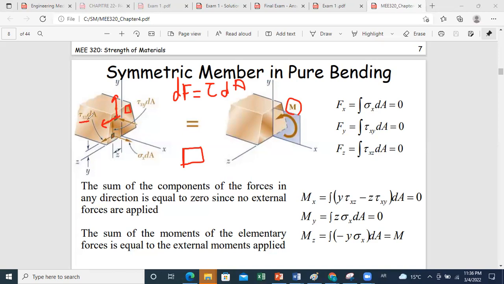When I say tau xz, the first subscript refers to the direction normal to the shear, and z refers to the direction of the shear. So this is tau xz, and along this direction, shear is along y, so this is tau xy, and the elementary shear force on this area will be tau xz times dA and tau xy times dA.